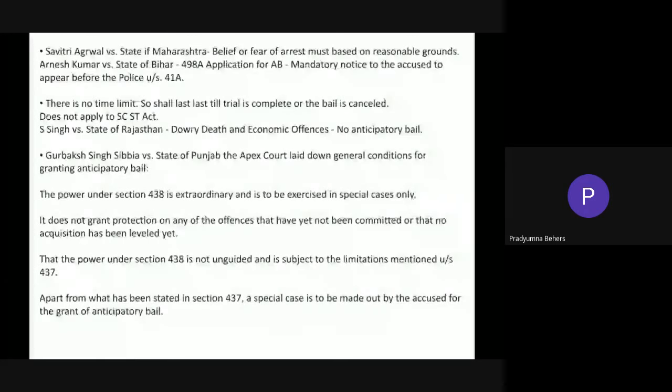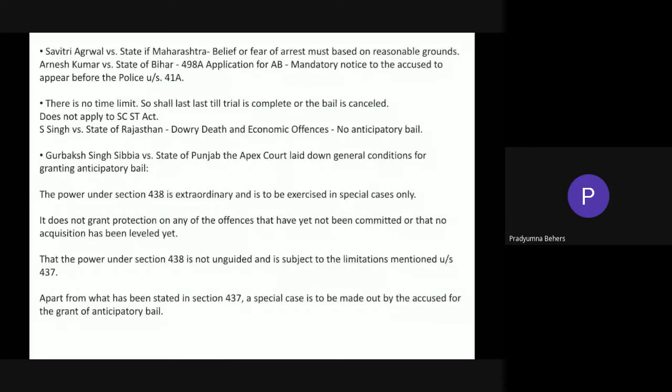That is, does it last forever? Can an anticipatory bail be granted and he will never be arrested? It shall last till the trial is complete or the bail is cancelled. If the bail is cancelled, of course, that will end. But if it is not cancelled, then it shall last till the trial is complete.